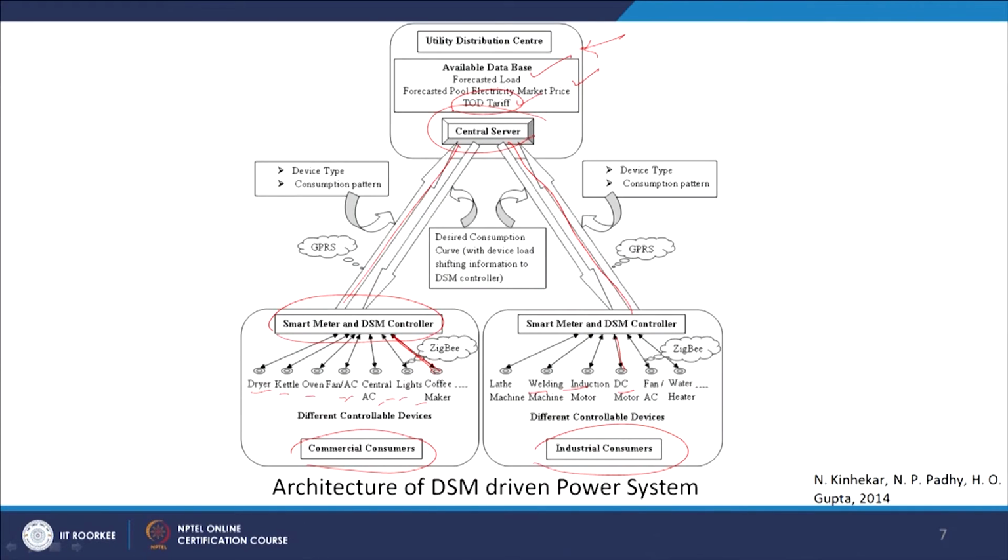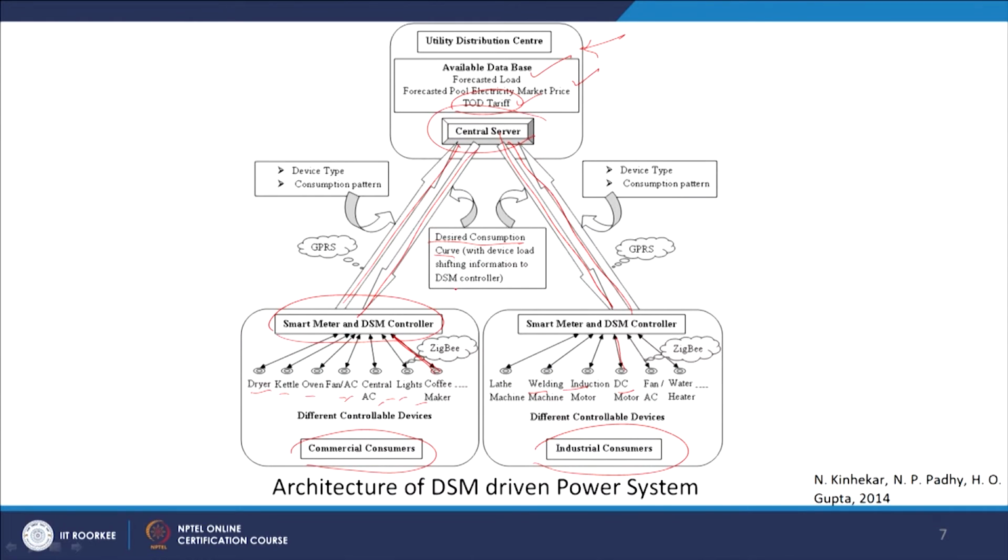And now, because the pricing characteristic is available to my central server, the central server can instruct guidelines to both commercial and industrial customers, advising the desired consumption curve, how they operate, so that their electricity bill will be minimum, because of the TOD which is applicable to them.